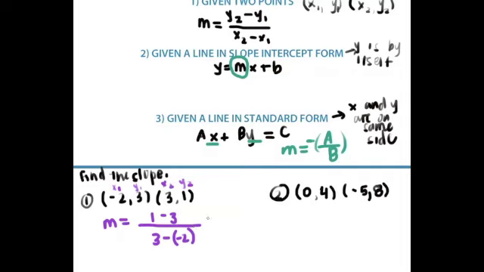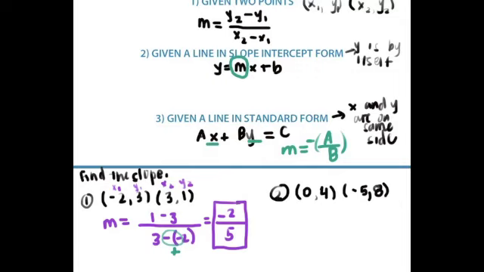Okay, so what do I have here? I have 1 minus 3 is negative 2. What does this combination give me, you guys, this negative negative? Gives me a plus, right? So what I'm really going to be doing is 3 plus 2, which is 5. So our final slope for this is negative 2 over 5.